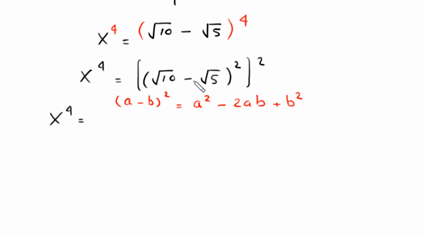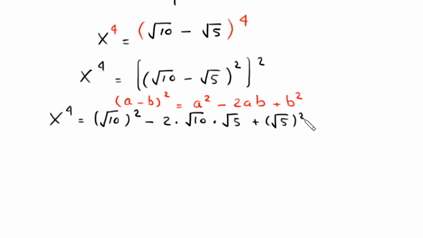This root 10 minus root 5 whole squared will become root 10 whole squared minus 2 times root 10 times root 5 plus root 5 whole squared and whole to the power, this power 2 will come here.